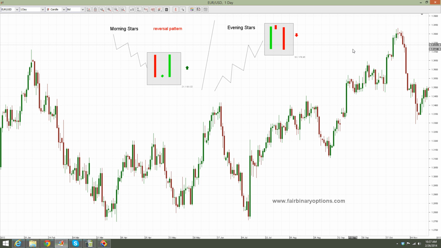The call options, and likewise the put options, are advisable to be bought on a retest. So price does the pattern, tries to take the lows again, fails, and this would be the appropriate place to buy the call options. On the evening stars, the opposite is true as well. This would be the pattern.